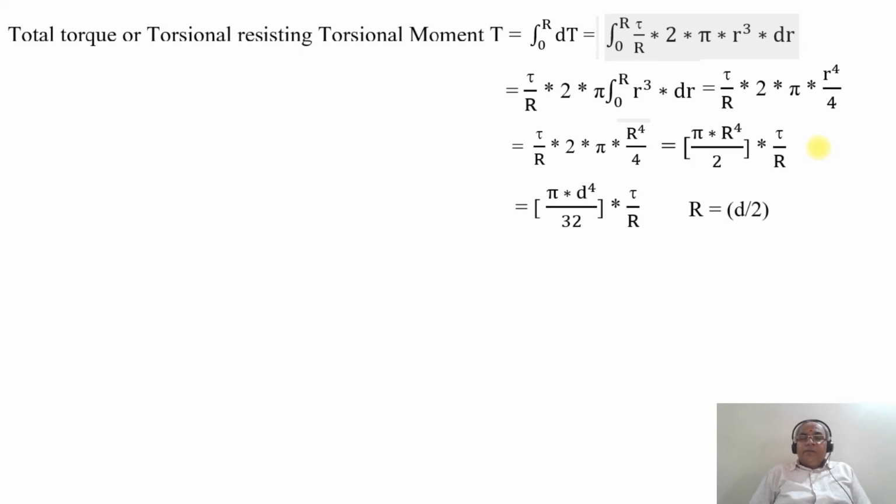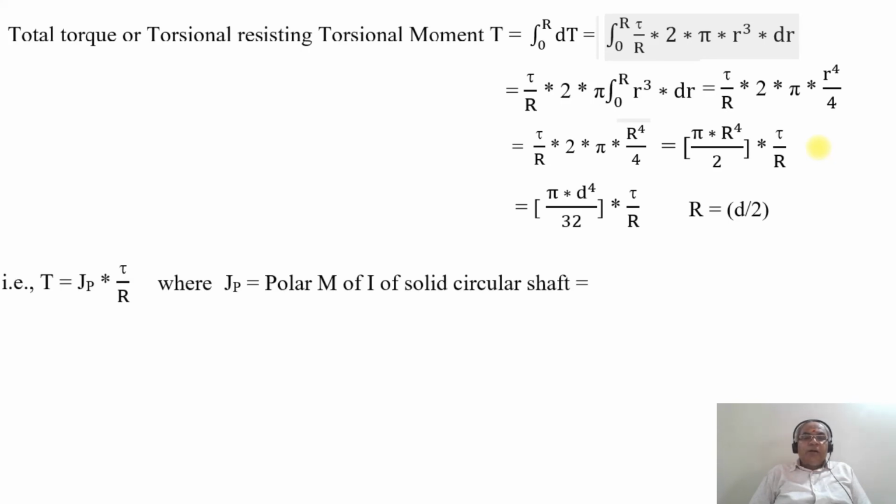Where capital R is equal to d by 2, that is, torque is Jp into tau by R, where Jp is the polar moment of inertia of the solid shaft, which is pi d to the power of 4 by 32. Therefore, capital T by Jp will be equal to tau by R. Call this equation 5. You substitute the value of pi d to the power of 4 by 32 as Jp.